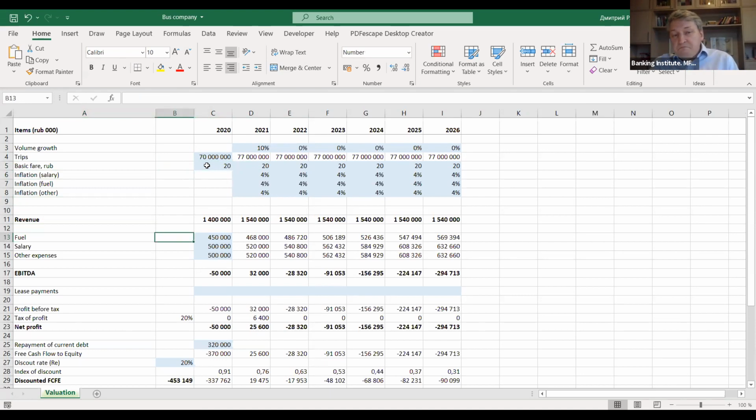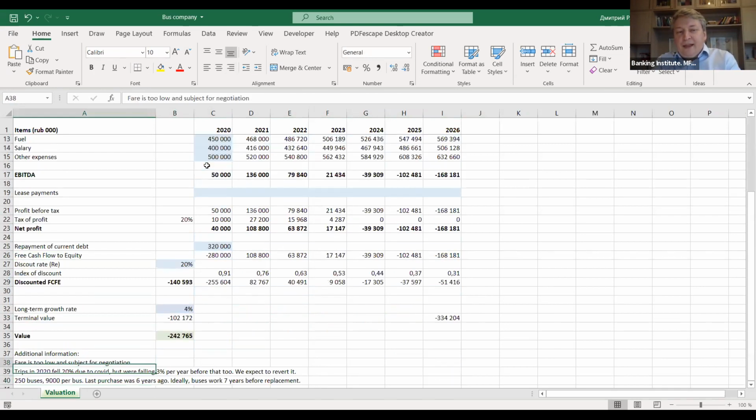Okay, now no special changes in fuel. It's just growing with the inflation rate. Salary, it's 500 million now, but we remember that of this 500 million, 100 million is actually profit distribution. So we change it to 400. Other expenses are the same, they just grow with inflation. We got profit before tax. This company even looks profitable for now with this traffic. And then if we buy the company, we will have to repay the debt.